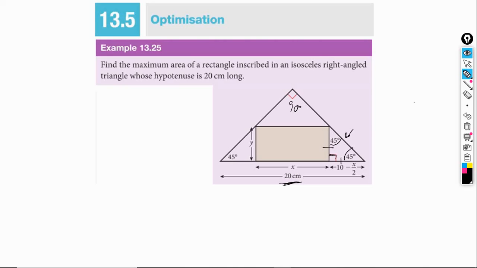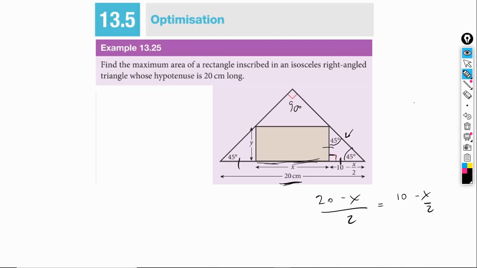If the length of the rectangle is x, then what we have left has to be 20 minus x. So each side would be that divided by 2, right? If we have 20 minus x remaining, then dividing that by 2 gives us 10 minus x halves as each one of these lengths, this length and this length.